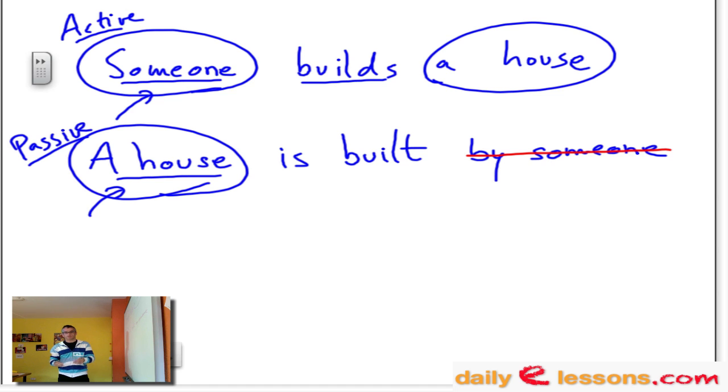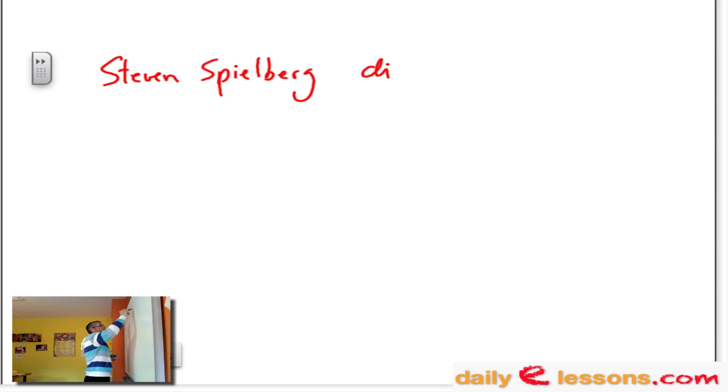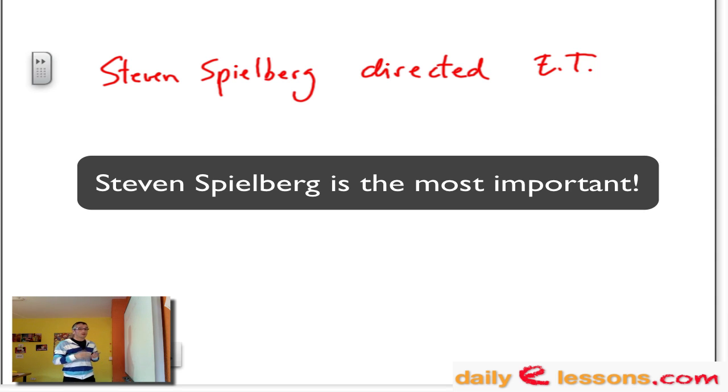A house is built. Okay, so let's give another example of a passive sentence. If we are talking about Steven Spielberg, for example, his biography and filmography, the films that he has shot. Let's say, for example, that Steven Spielberg directed E.T. If you're talking about Steven Spielberg, what is the most important thing?